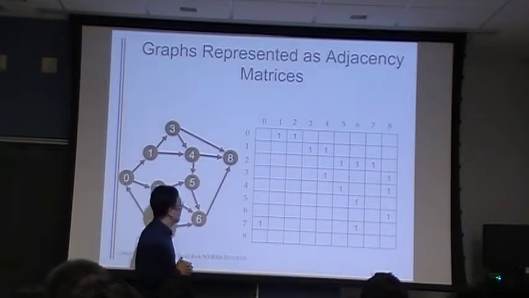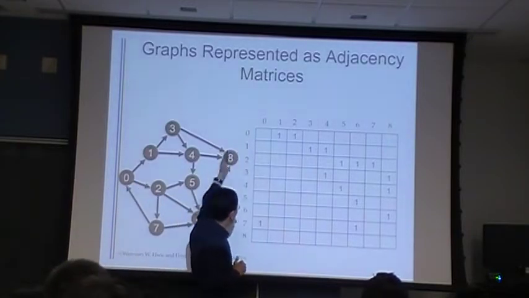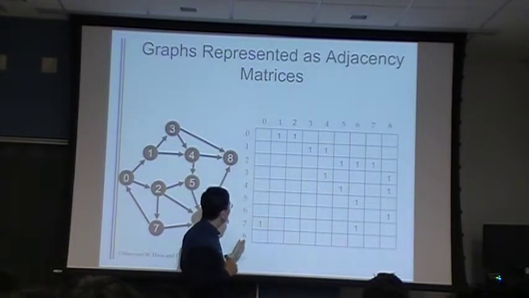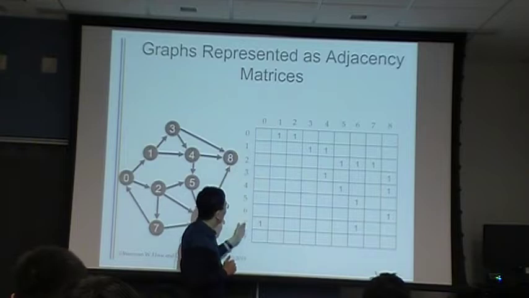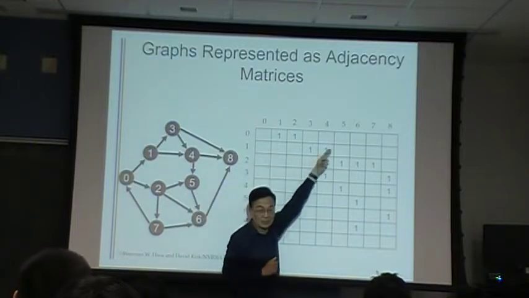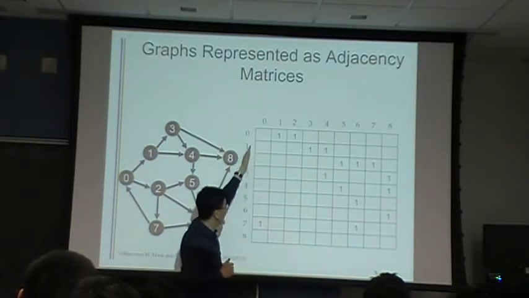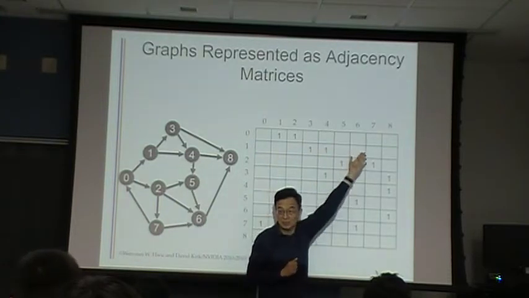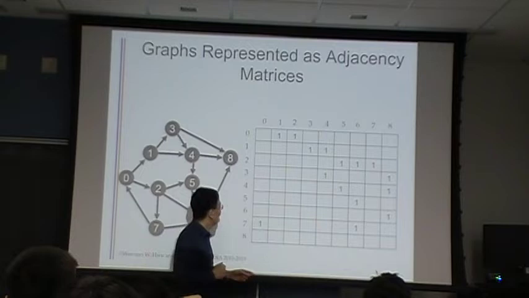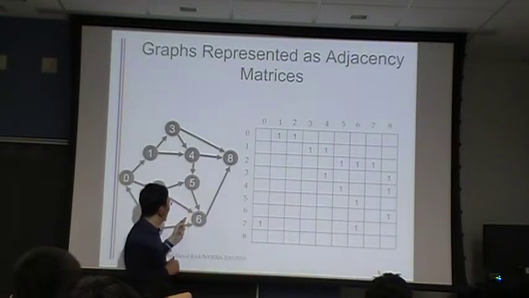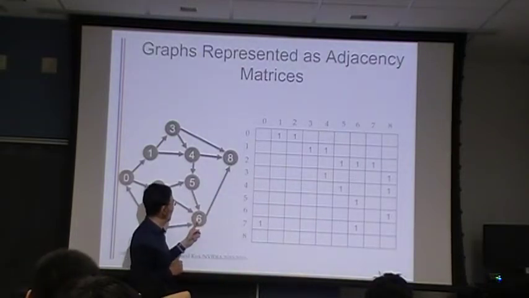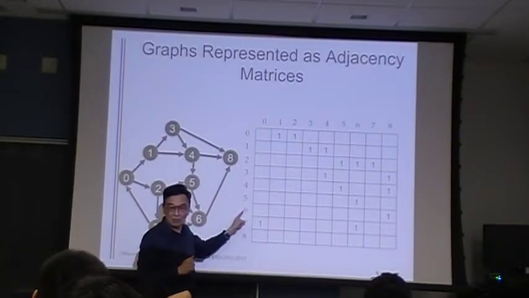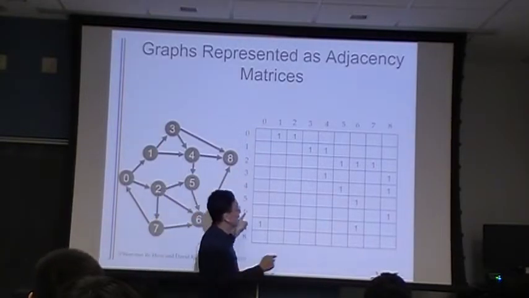When you have a directed graph, you go from the nodes on this side to the nodes on this side. All the nodes are listed on the row side, and all the nodes are also listed on the column side. Whenever you have an edge from one node to another, let's say from node 6 to node 8, you start with 6, and then you go to 8.